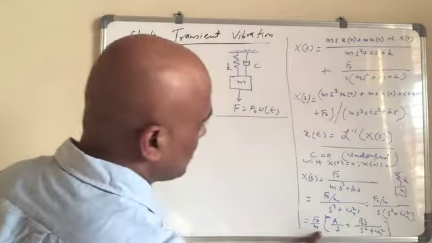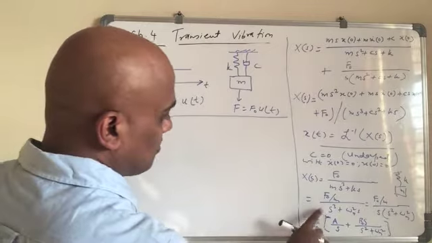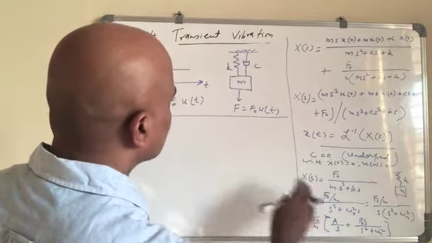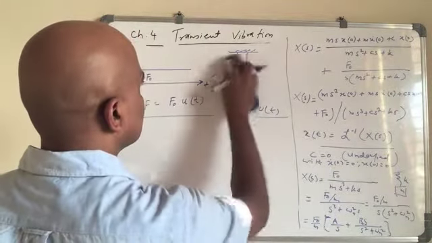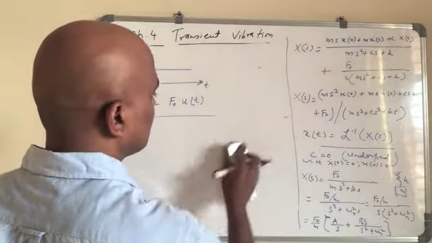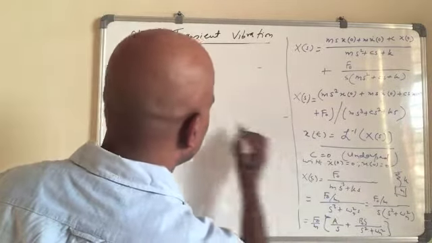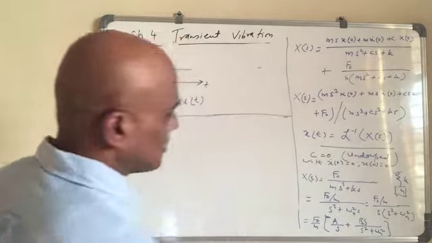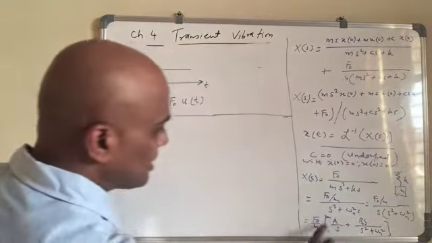So this one, just to remove this also, because this is for a simple spring mass system. So what do we get here?